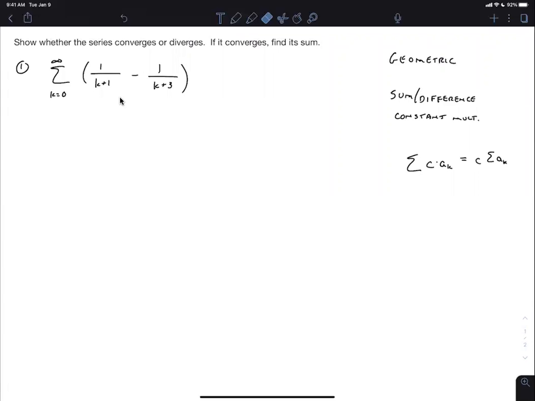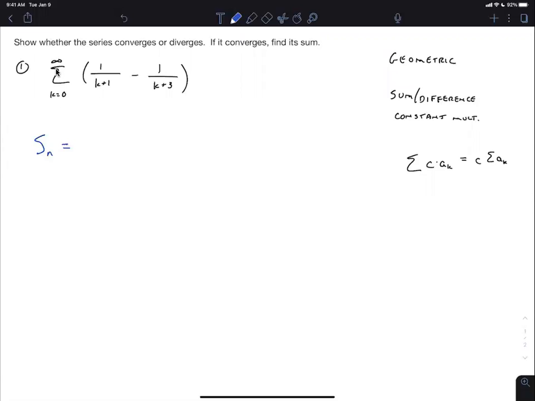What we can do on this problem is get a formula for the nth partial sum. So we're going to write out a formula for Sn, kind of like we were doing when we first started geometric series two lectures ago. Sn means that instead of the sum from k equals 0 to infinity, it's the sum from k equals 0 to n.